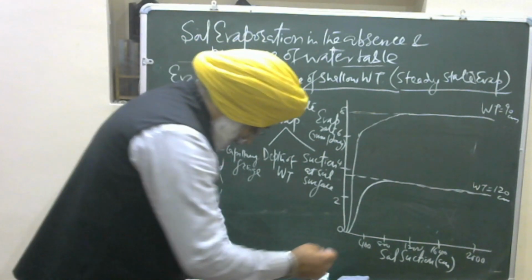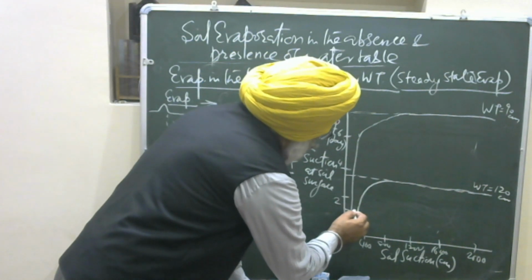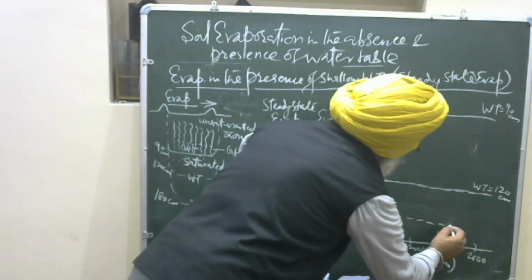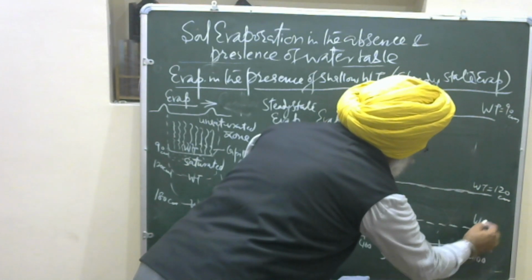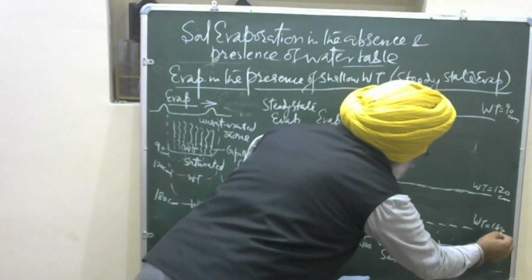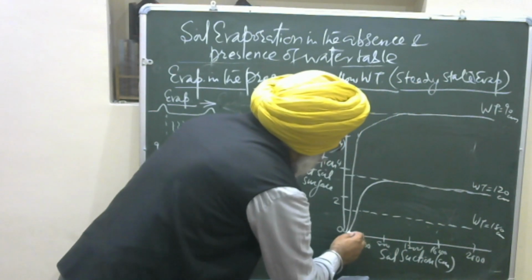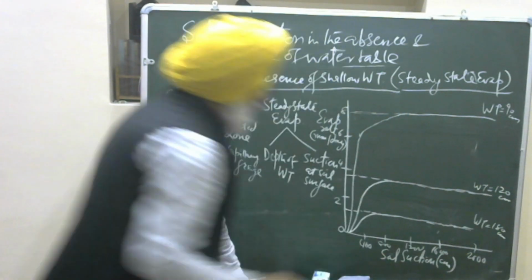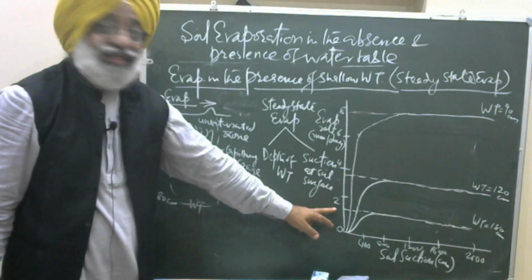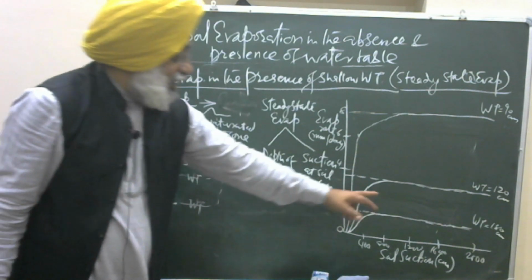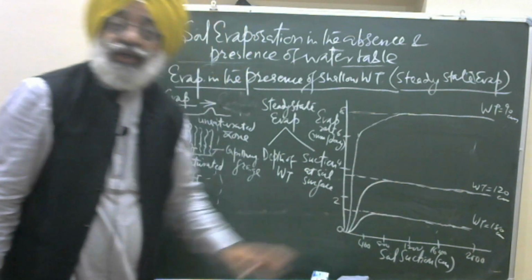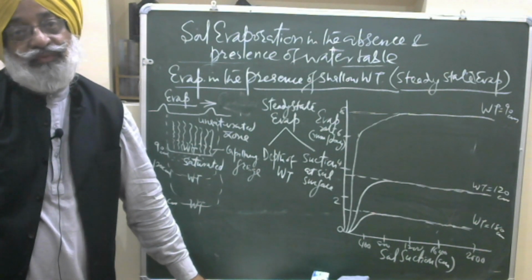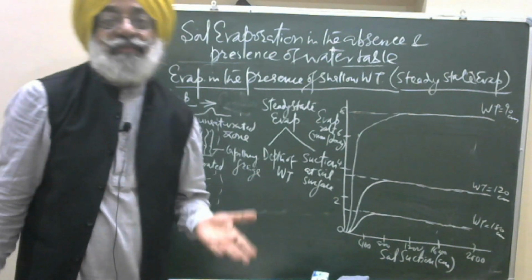Now if you are further lowering this water table, so here water table is 180 centimeters, and again the evaporation rate behaves in a similar way. Though the evaporation rate is less than 2 millimeter per day, it is steady, but even if you increase the suction at the surface of the soil, there is no further increase, because it depends on the profile.